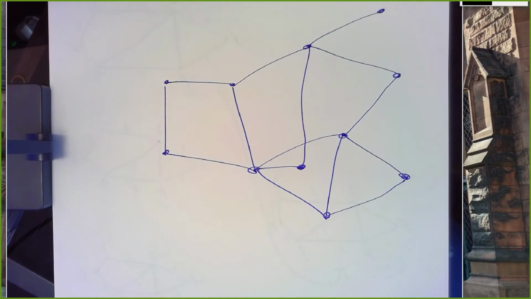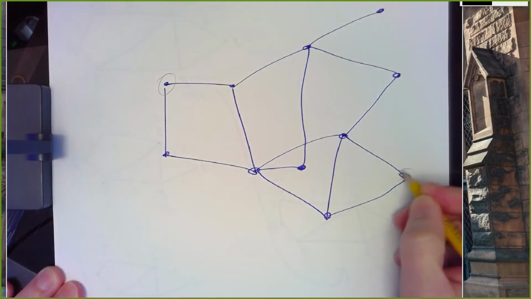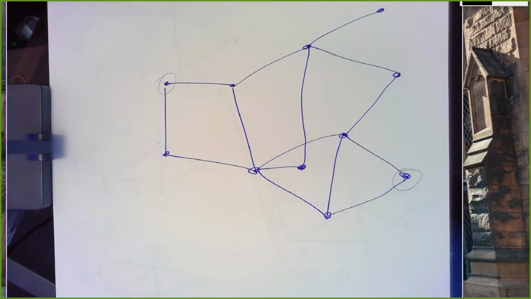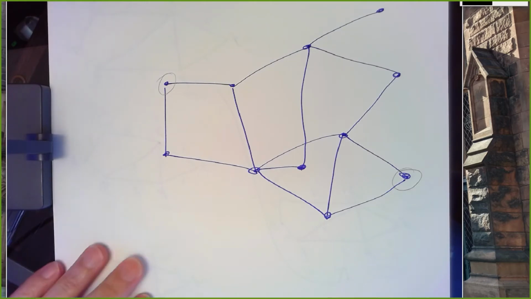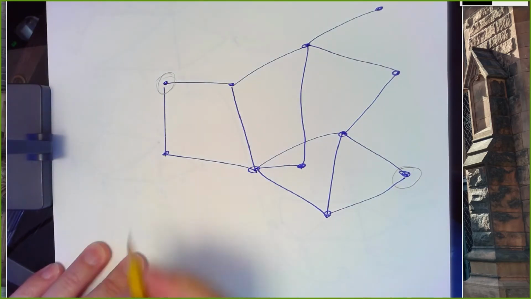If you were interested in the shortest number of edges from one vertex to another, let's say from here to here, there's a pretty straightforward algorithm we can use. And this is very recursive, right? So think 222. Basically from our starting point, we have 2 edges coming out.